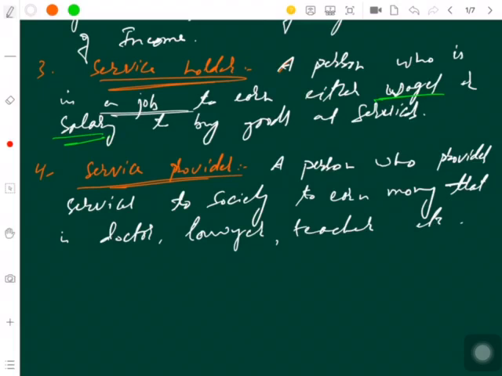So they all work together in an economy, and they complete this circle. There is a consumer who is consuming, there is a producer who is producing, there is a person who is having a job, a service holder, and there is also a person who is providing services, known as a service provider.